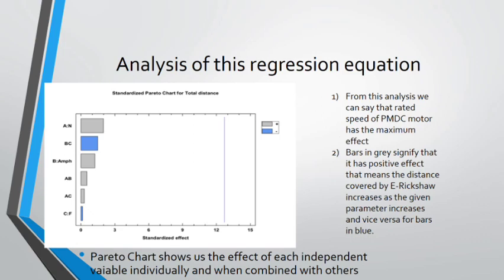These are the analyses which we have done of our complete model. This is the standard Pareto chart which shows the significance of each independent variable, individually or together, on our dependent variable. From this graph, we can see that the rated speed or the battery capacity has a good amount of significance.